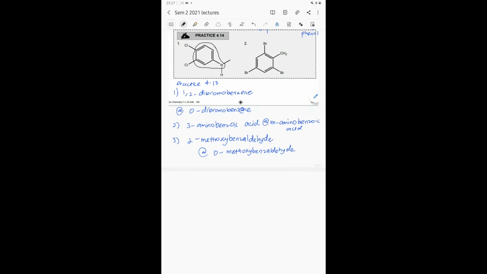For 4.14, number 1. Right here we have methyl, CH3. And then we have numbering 1, 2, 3, 4, 5, 6. There are 2 Cl at carbon number 3 and carbon number 4. So how to give the name?